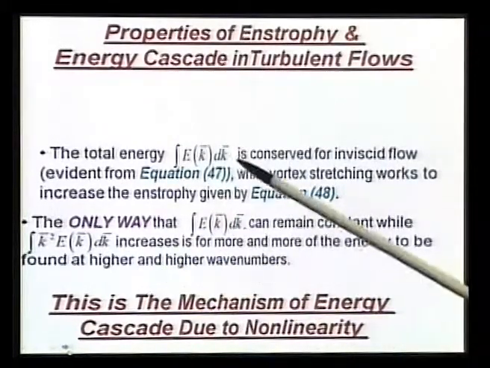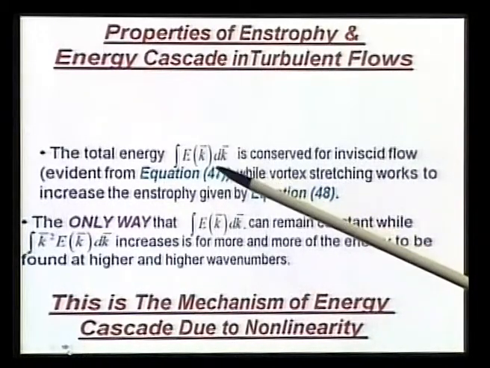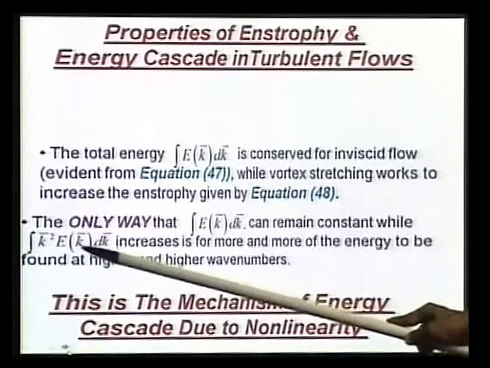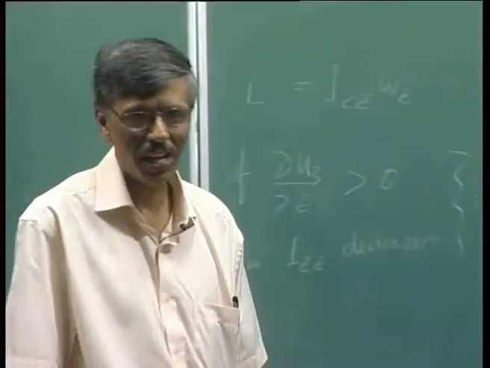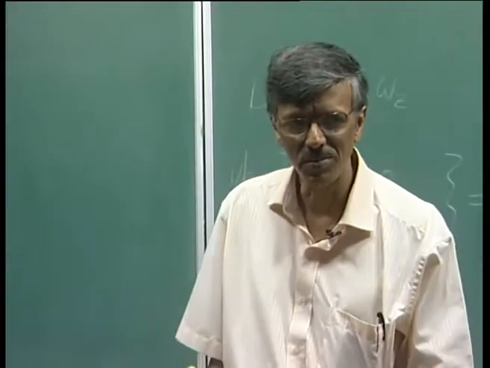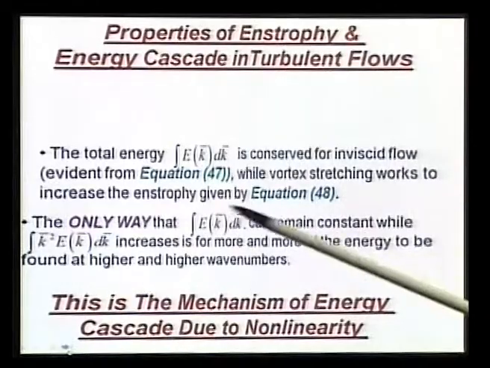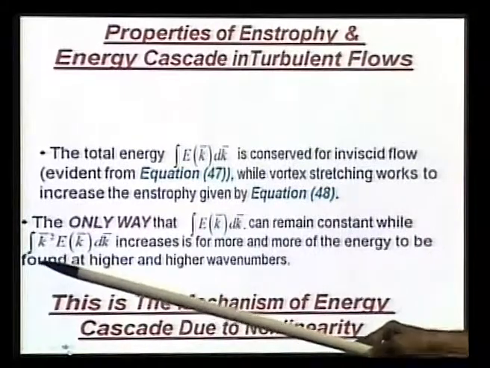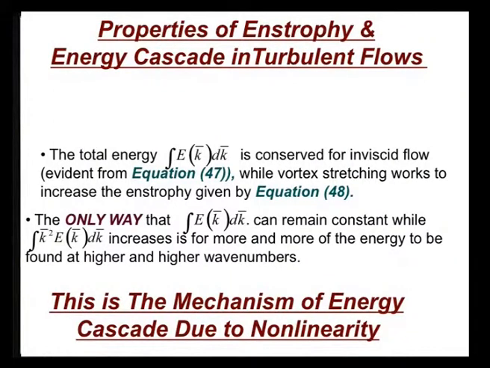So, we have a very interesting situation: the integral of E k dk is conserved, whereas the integral of k squared E k dk is increasing. How can that happen? It can only happen if you transfer the energy from low k to higher k, because it is multiplied by k squared. So, if this contribution has to increase, then I take some low k contribution in E and transfer it to high k. This is the mechanism of energy cascade due to vortex stretching.